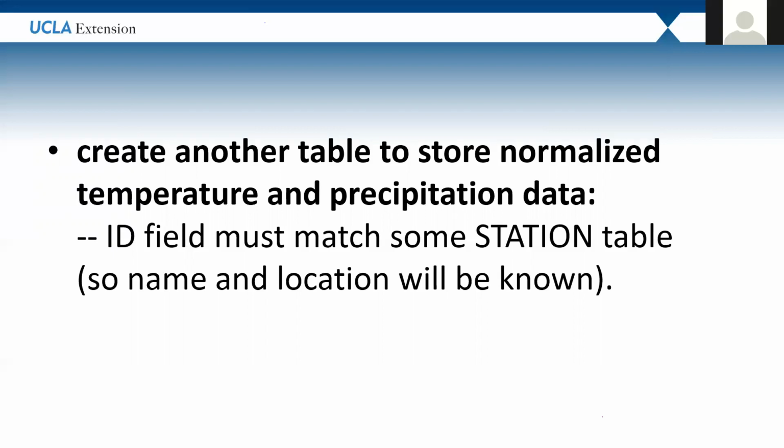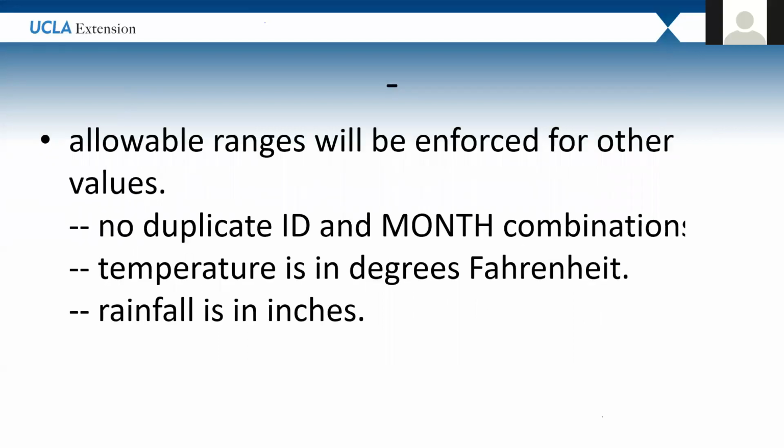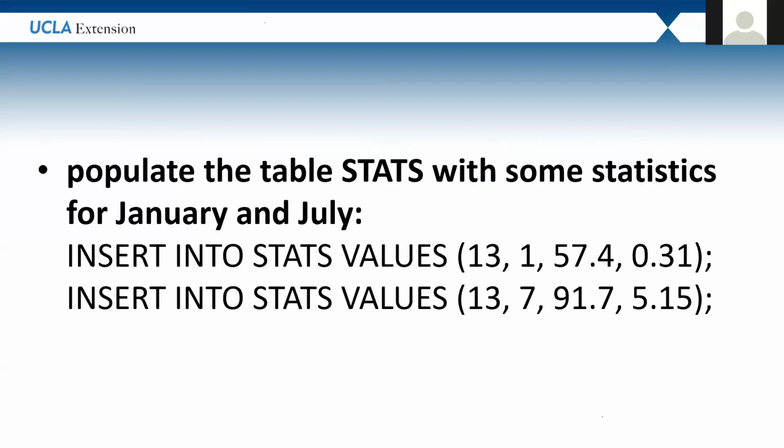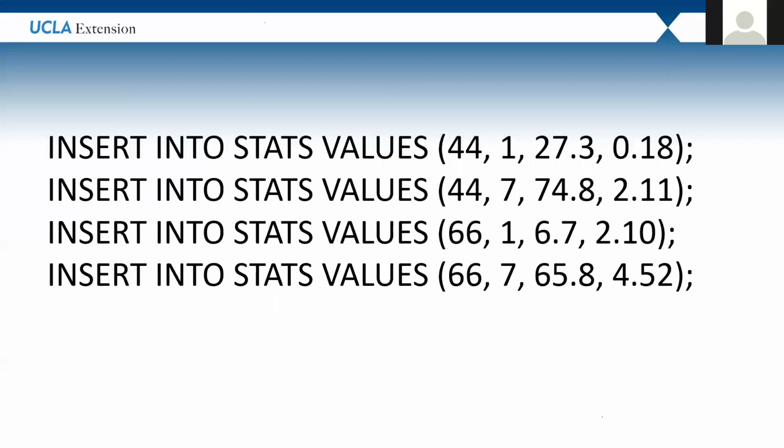The ID field must match some station table ID, so name and location will be known. Allowable ranges will be enforced for other values. No duplicate ID and month combination. Temperature is in degrees Fahrenheit. Rainfall is in inches. So we create the table and insert into stats various values.